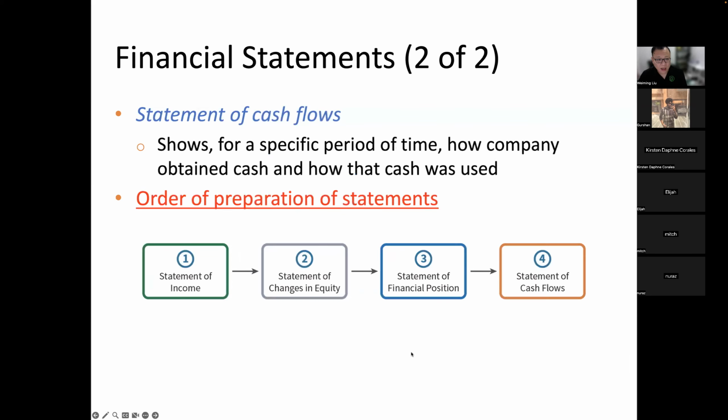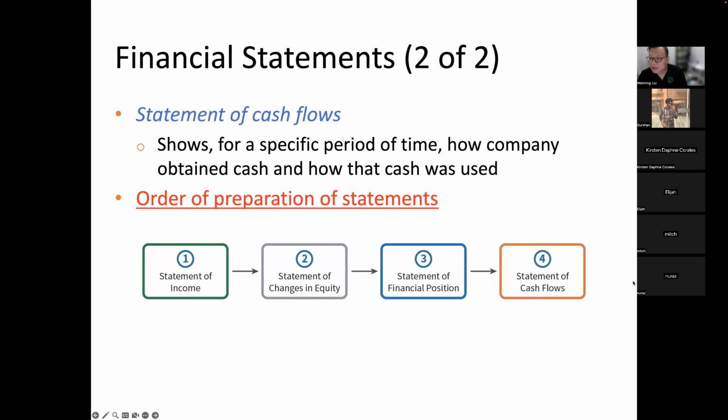Now the fourth statement is the statement of cash flows. You may have heard about this: cash is king. If you run a business, cash is probably one of the most important things, right?